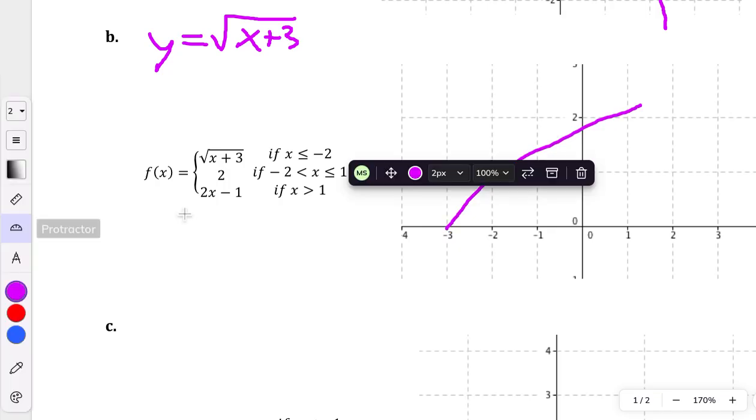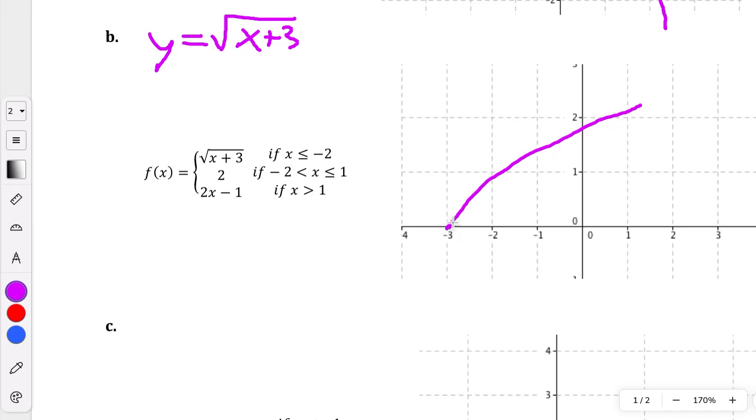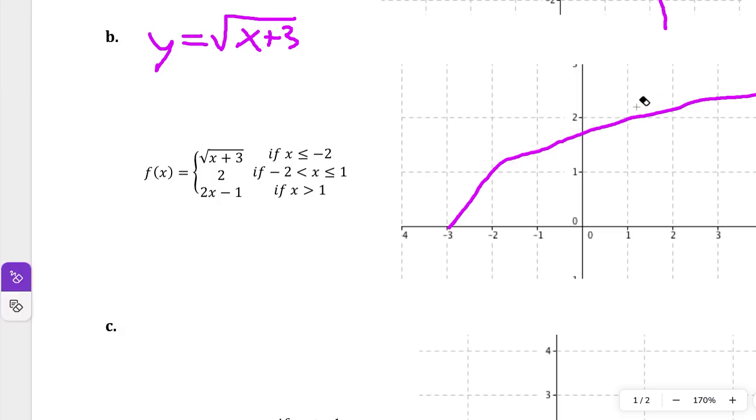And should we clean this up a little bit? I think we should. I think that's better. Okay, so it looks something like that. That is this part right here. But again, what's the problem?